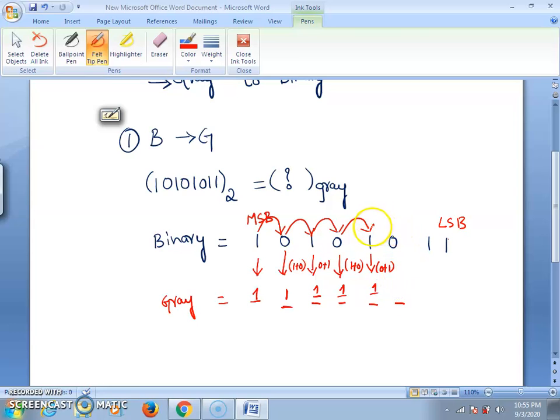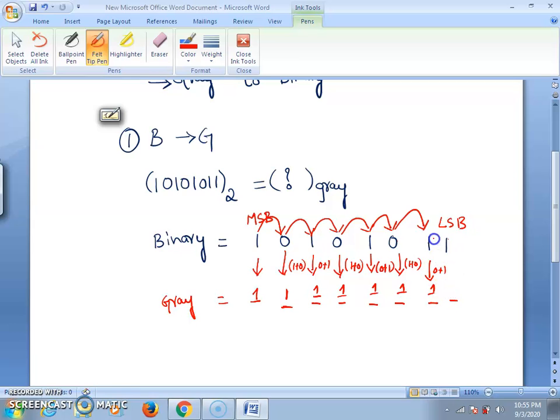For this bit, I add these two bits together, 1 plus 0 is equal to 1. Next, 0 plus 1 is equal to 1.